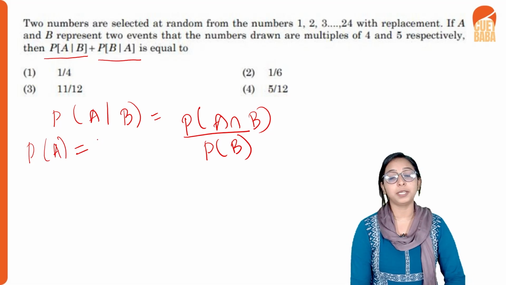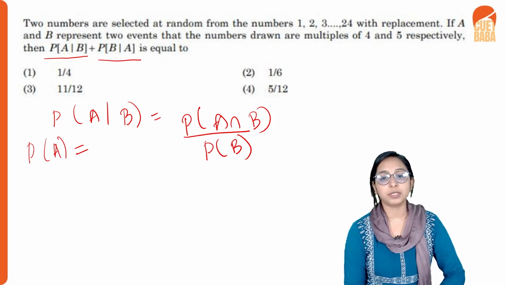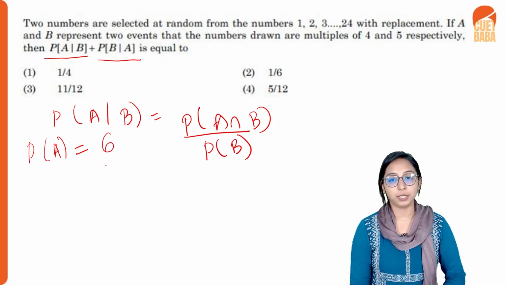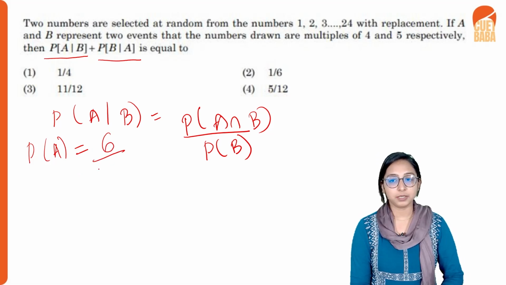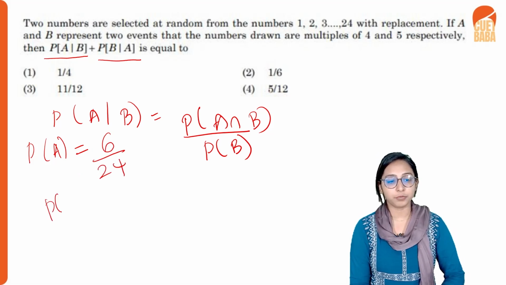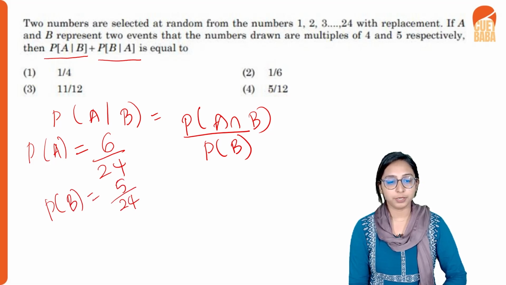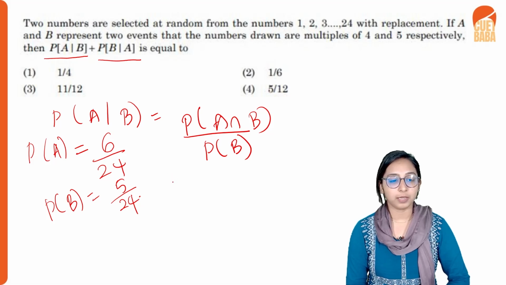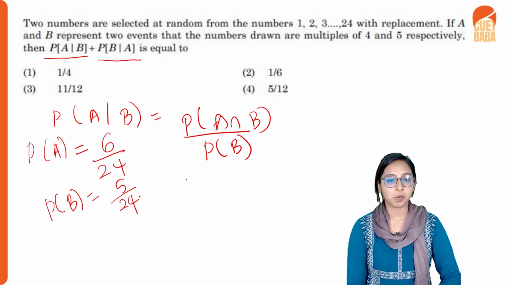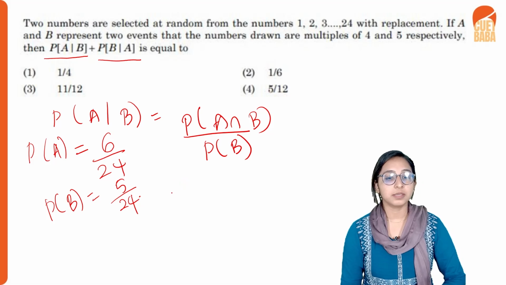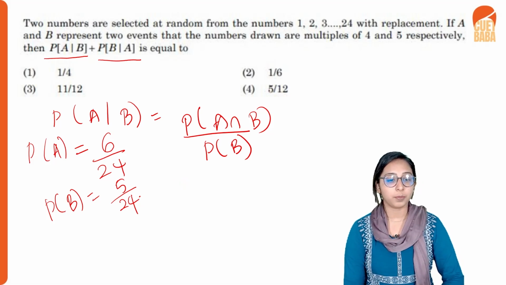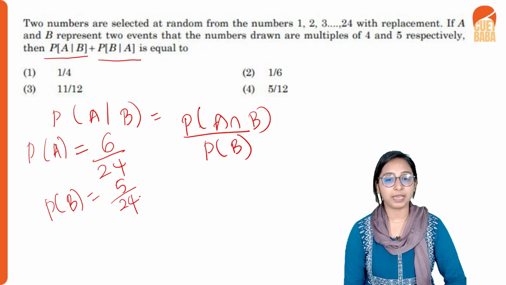A is nothing but multiple of 4. So till 24 there are 6 numbers which are multiples of 4. So probability of A is 6 by 24, and probability of B will be 5 by 24. So the answer we can calculate using these equations, using these values of probability of A, probability of B, and probability of A intersection B too.